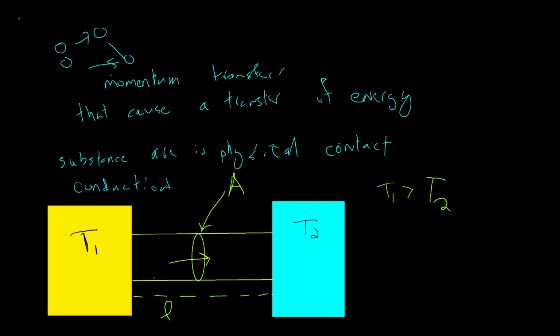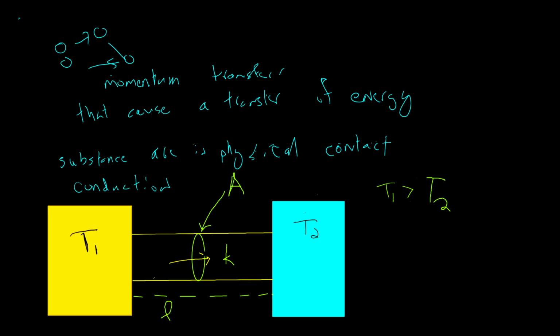And so we have the greater temperature to the colder temperature. We have some substance in the middle that has a cross-sectional area, has some depth to it, and we have a length. What's going to matter for us is the ability of this substance in the middle to transfer heat, and we measure that with a constant called K. K defines how this substance allows heat to flow.